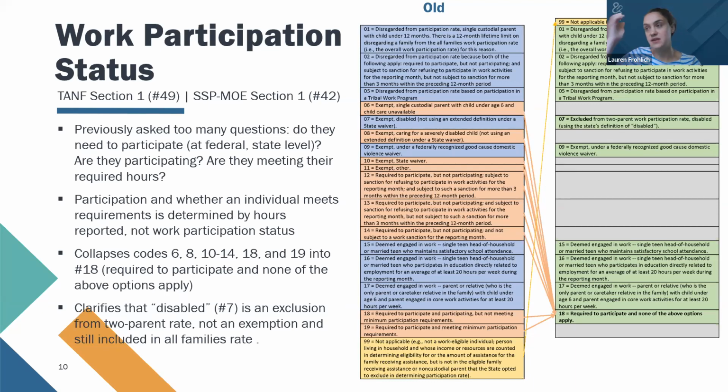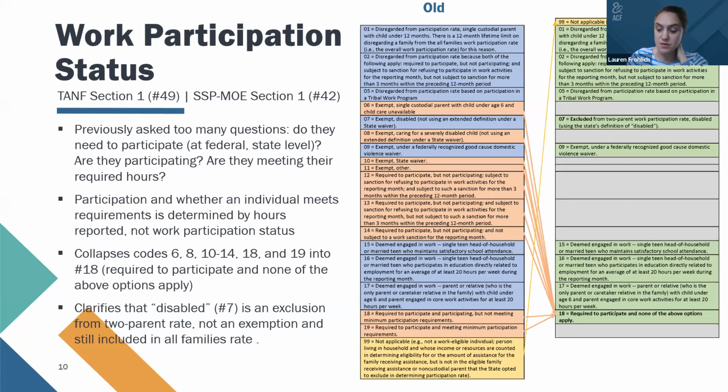And so what you can see from this chart, which is really, again, all the orange categories are being combined into number 18 on the right. So what that means is if a state, in the transition year, is reporting individuals as 10, 11, 12, 13 on the OFA side, we're going to combine those all into 18.